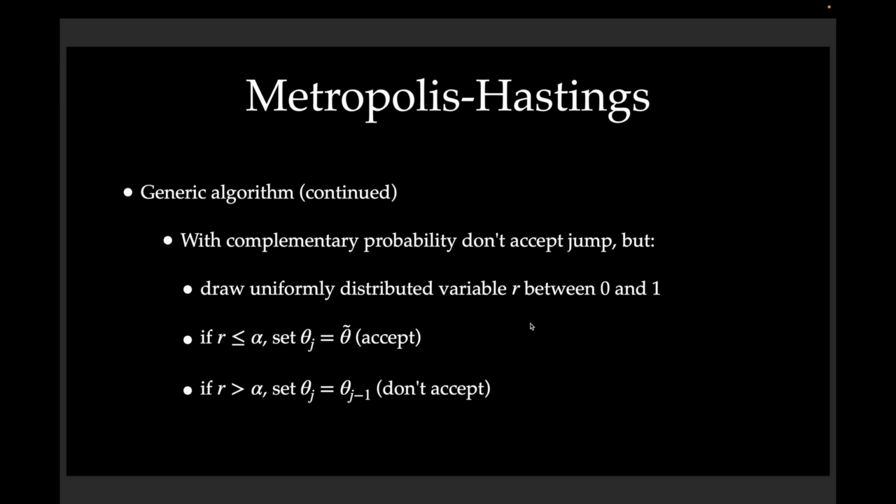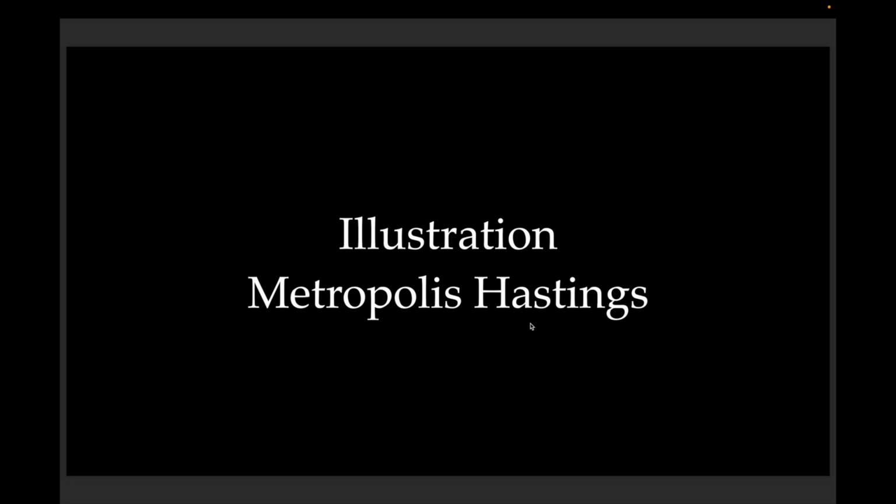And if this random variable is less or equal to alpha, then I'm going to accept. If not, I'm going to discard. And in this way, I always go uphill, but sometimes I do go downhill and accept the draw and try to visit the whole domain of the posterior. Now, this sounds very complicated, but this is actually really easy.